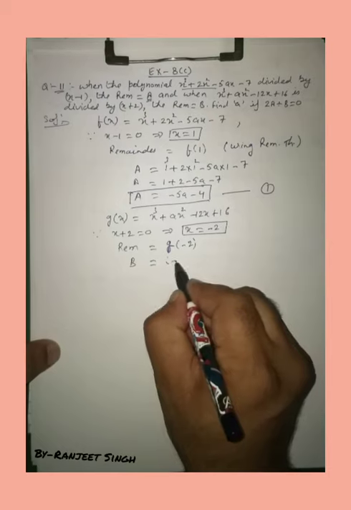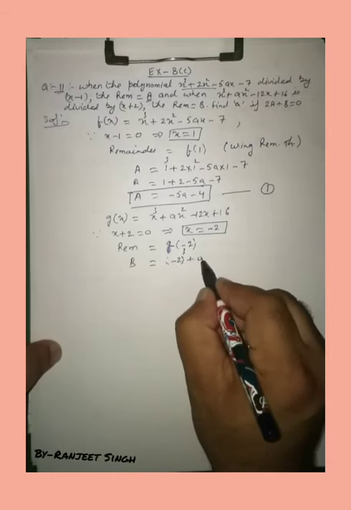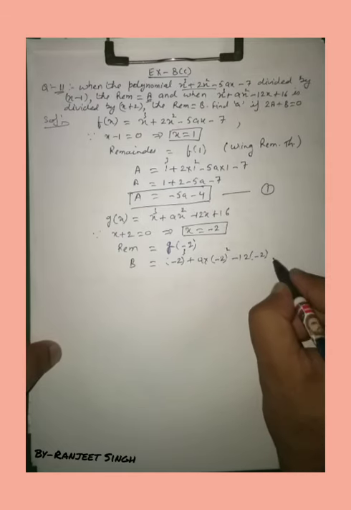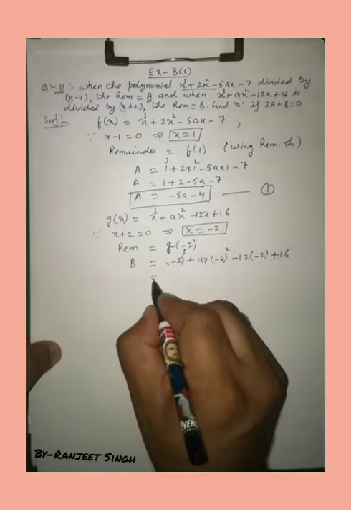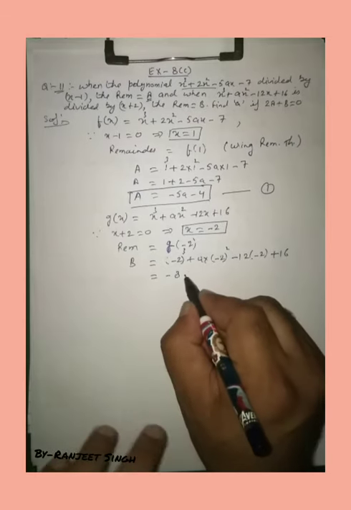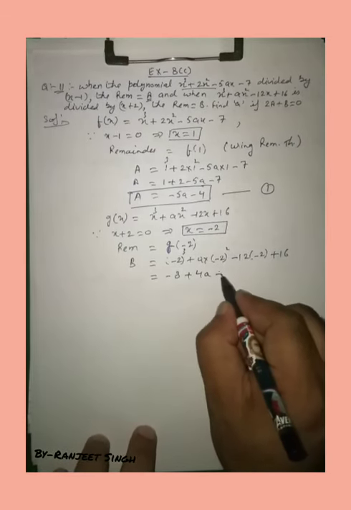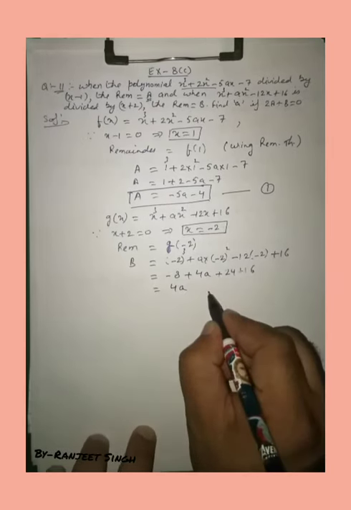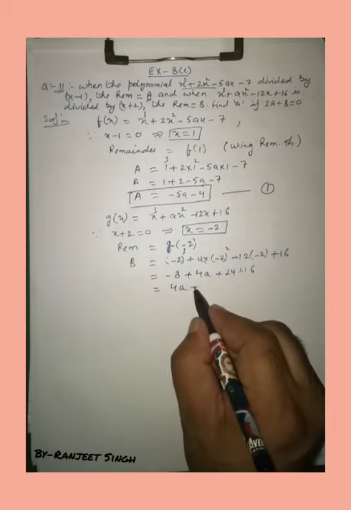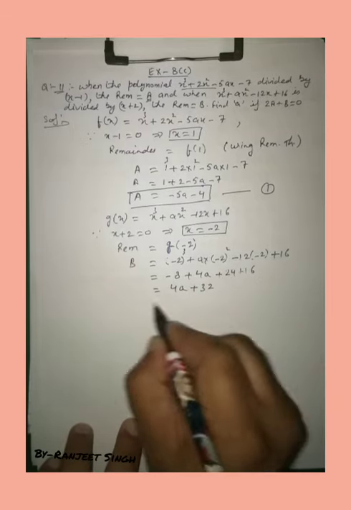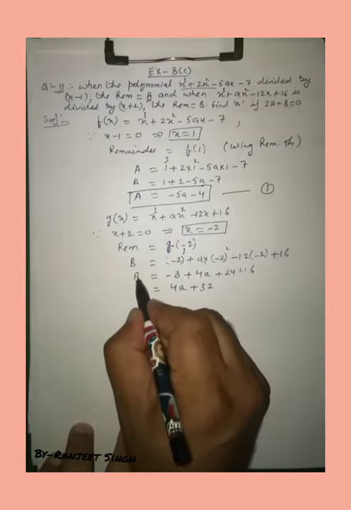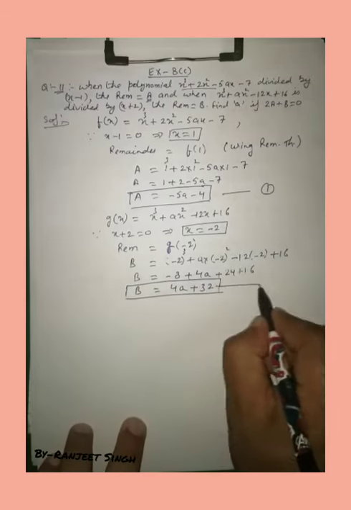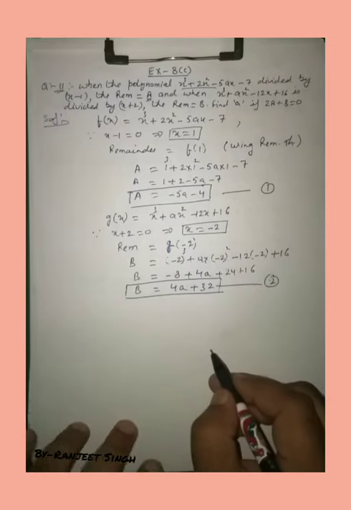So b is equal to minus 2 cube plus a multiply minus 2 square minus 12 multiply minus 2 plus 16. So this will be equal to minus 8 plus 4a plus 24 plus 16. So this is equal to 4a plus 40 minus 8, 32. So b is equal to 4a plus 32, and I'm naming this as equation number 2.